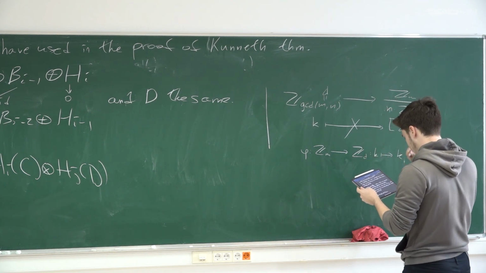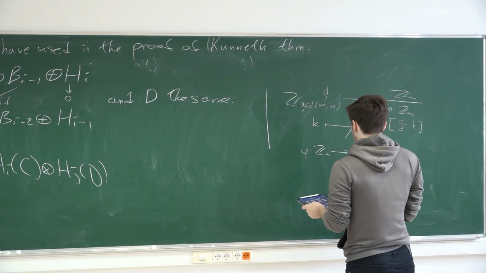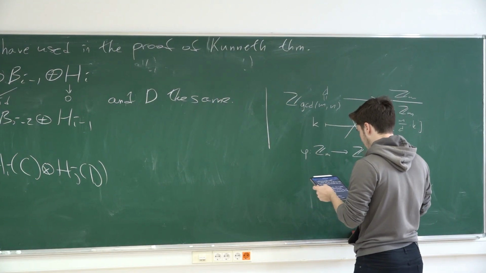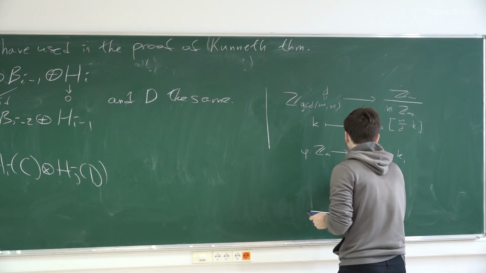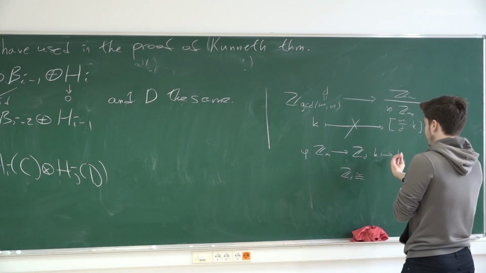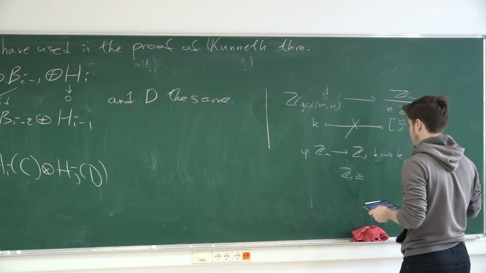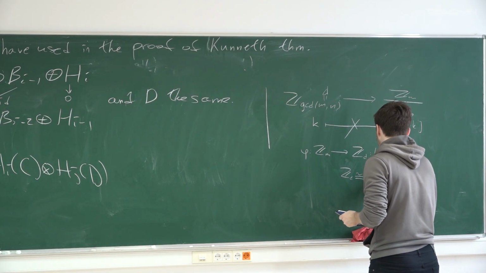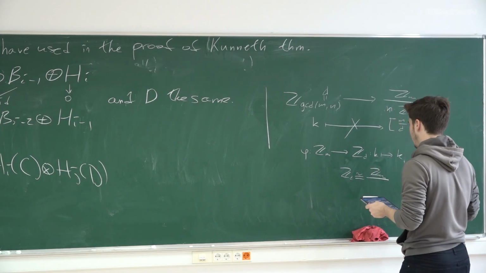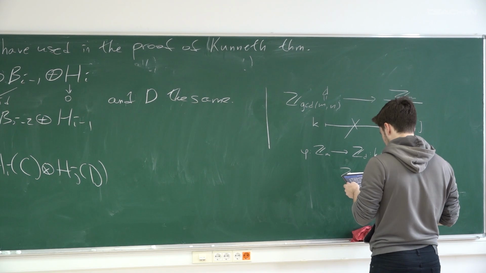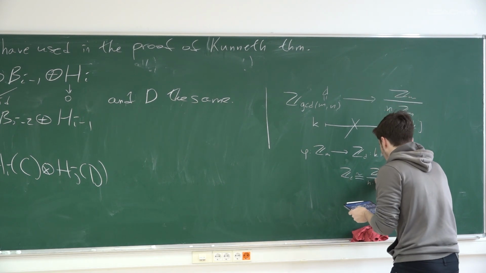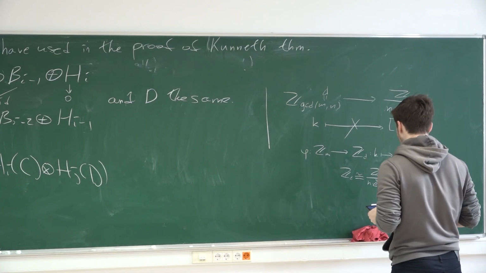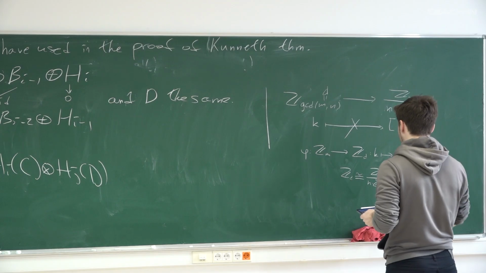It turns out from the homomorphism theorem that this is a surjection, and from the homomorphism theorem we had that Z_d is isomorphic to Z_m modulo the kernel, and the kernel will be n times Z_m.